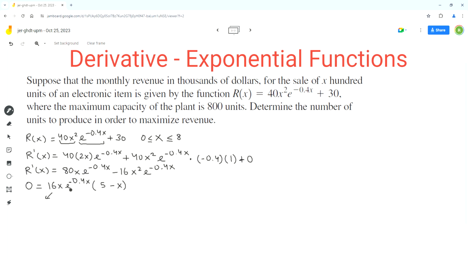So the first case is 16x = 0, so now we can solve for x by dividing both sides by 16. The 16s on the left side get cancelled out. So we get x equals 0. Now we can analyze the second case, e^(-0.4x) = 0.